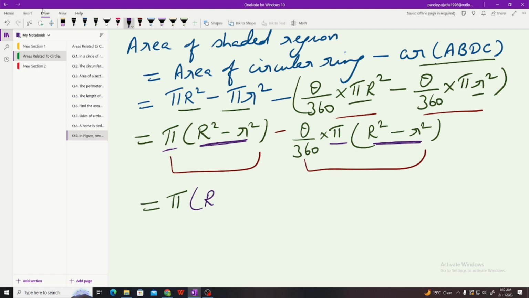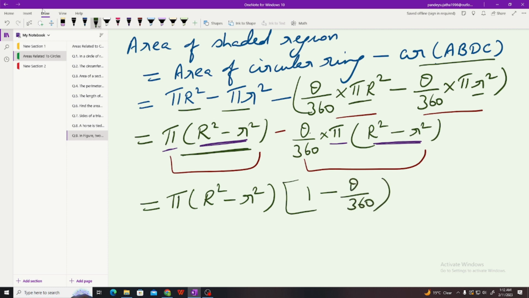Pi into R square minus r square. So in this term, as we have taken all out, only one is left here, minus here theta upon 360 is left.